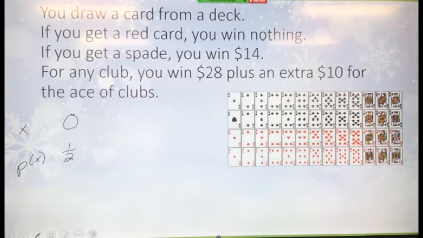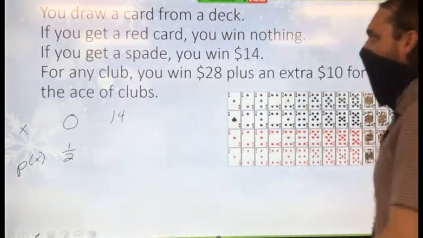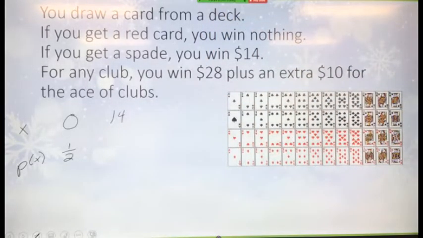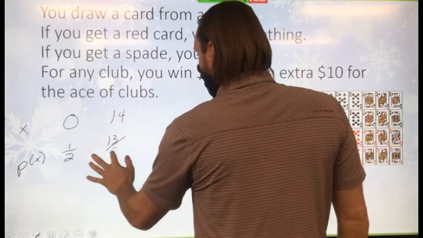If you get a spade, you win $14. So my x is going to be 14. What are my chances of getting a spade? How many spades are there? 13 out of 52. So I have a 13 out of 52 chance.